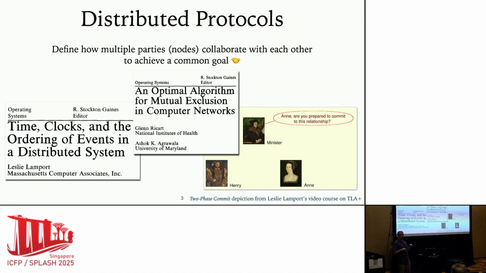I couldn't find a canonical reference, so here is the slide from Leslie Lamport's video course on TLA+, which is fantastic teaching material, by the way. Consider checking it out. He explains two-phase commit in terms of marriages.